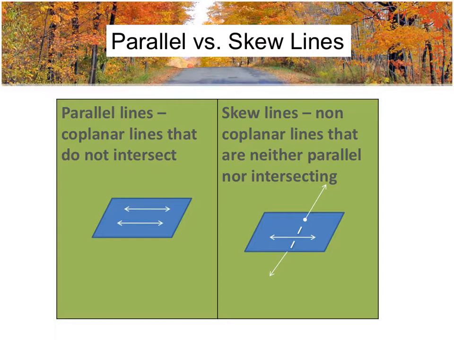So for it to be skew, they have to run in opposite directions. They have to be something like a line in the floor that's going this way and a line in the ceiling going this way. Those are skew. You cannot draw a box. There's no box there. Does that make sense?